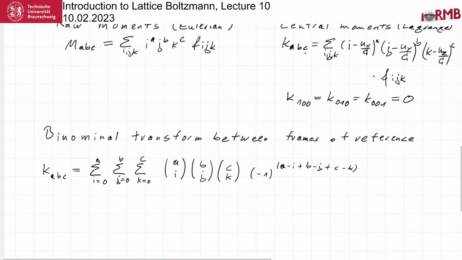And all of this times, I write it in the next line, sorry for that, the moment M_ij, so this is the previous moments, M_100 divided by M_000. I remind you, the way we define moments are not normalized.